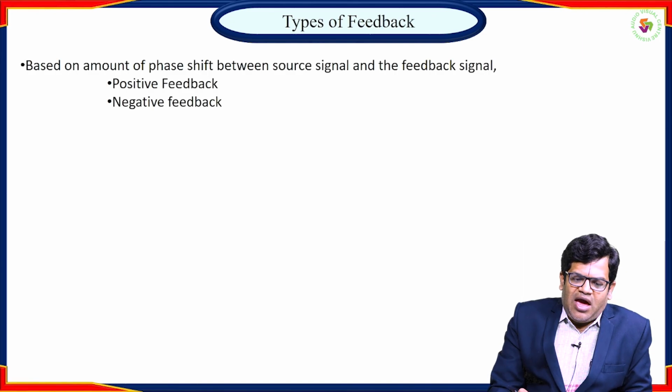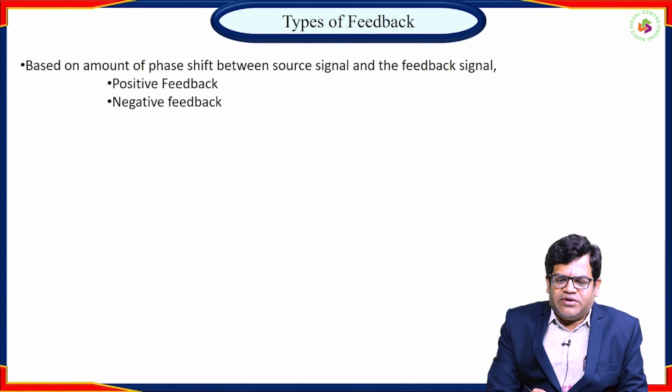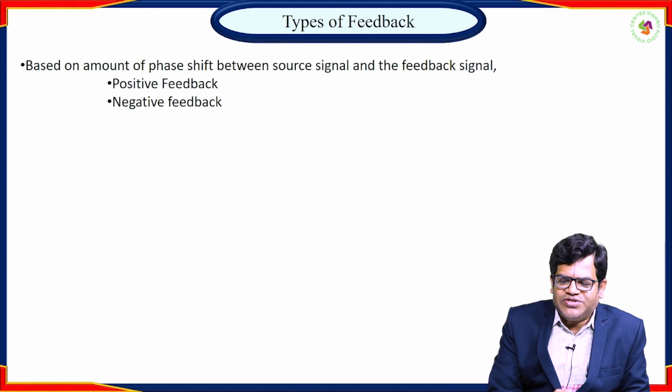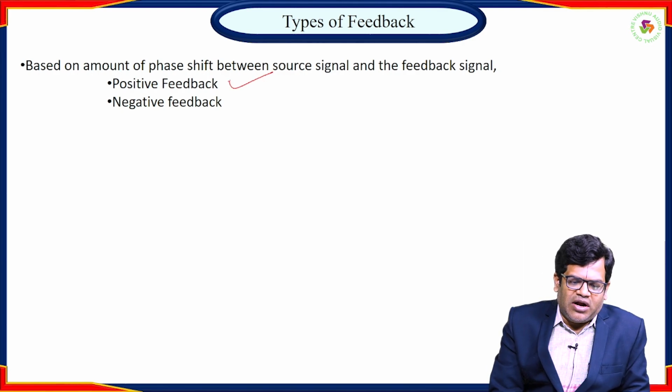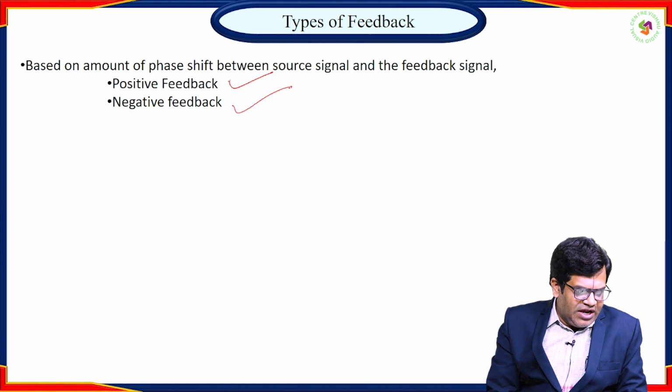Now, based on the amount of phase shift observed between the source signal, that is the input signal, and the feedback signal, we have two kinds of feedback, called positive feedback and negative feedback.